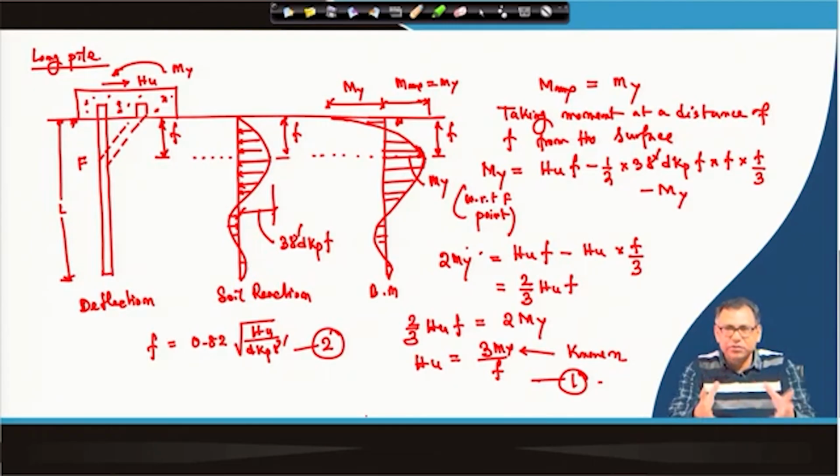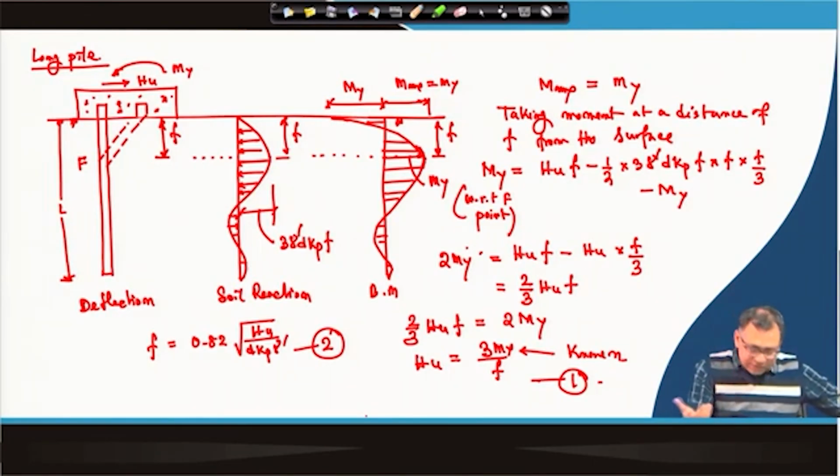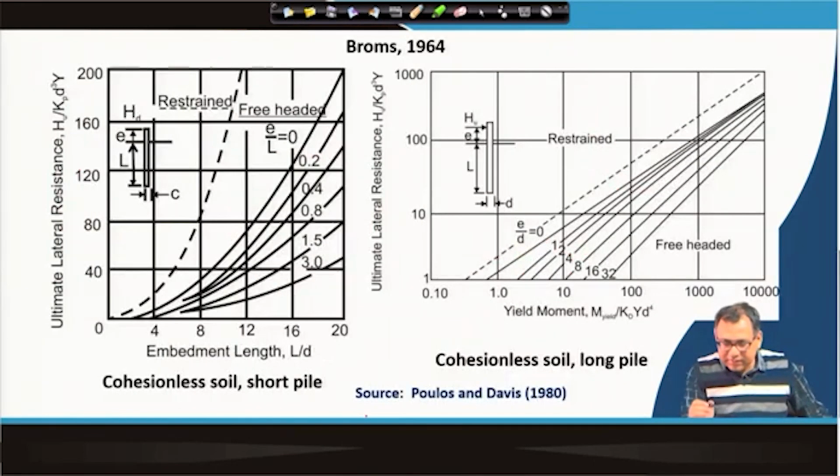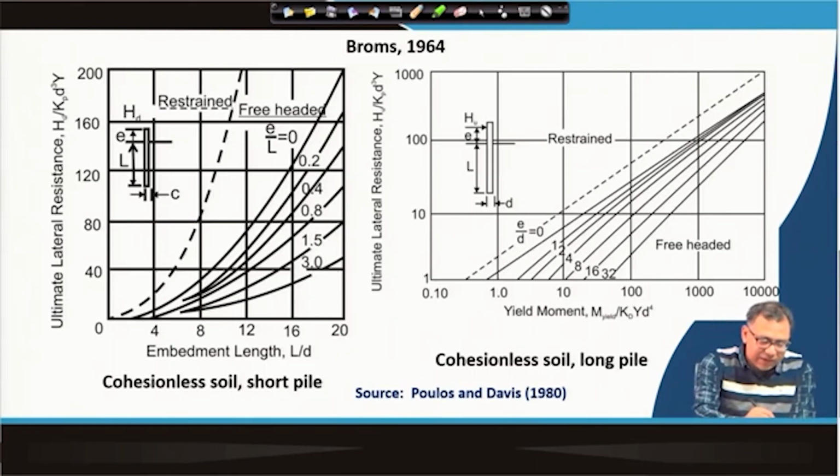So, either you can use those equations, and based on those equations again the charts are given. So, you can use these charts also. So, that means for the fixed headed pile, this is the dotted line, and for the free headed pile, the firm lines are there, L by D again less than or equal to 20, then I will get HU by Kp d cube gamma dash.